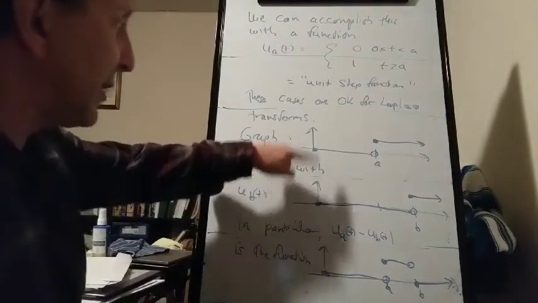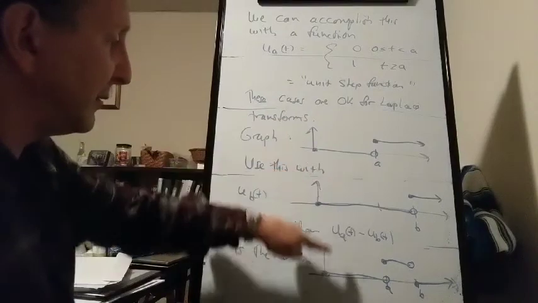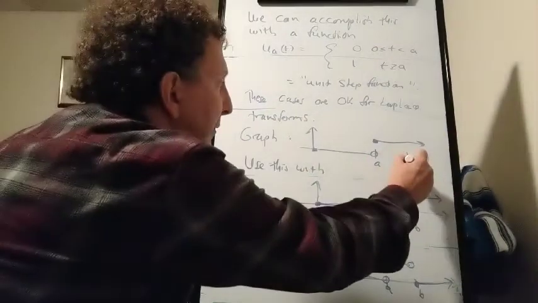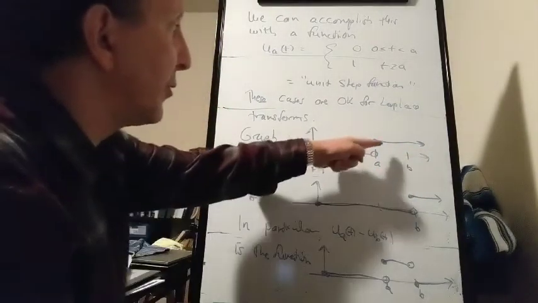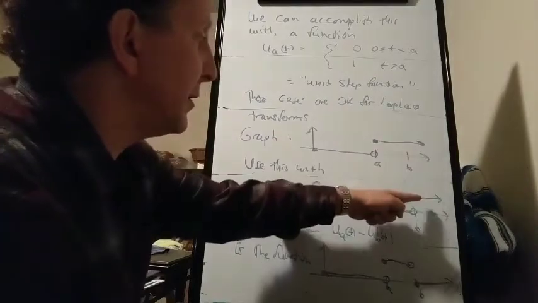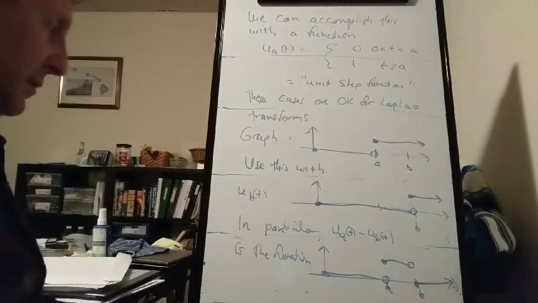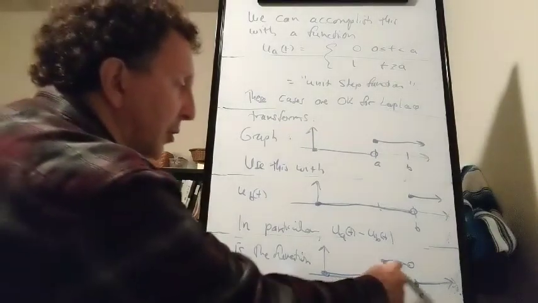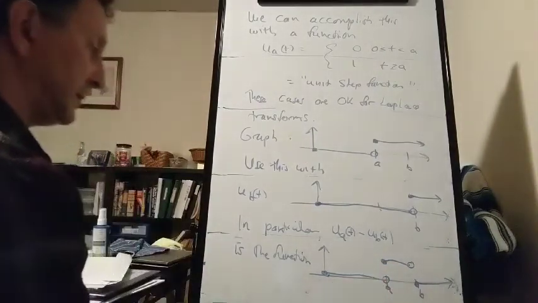So if we subtract these two functions, we have 0 minus 0 is 0. Then between a and b, we have 1 minus 0, which is 1. And then after b, we have 1 minus 1, which is 0 again. So this function is 1 only on the interval from a to b.